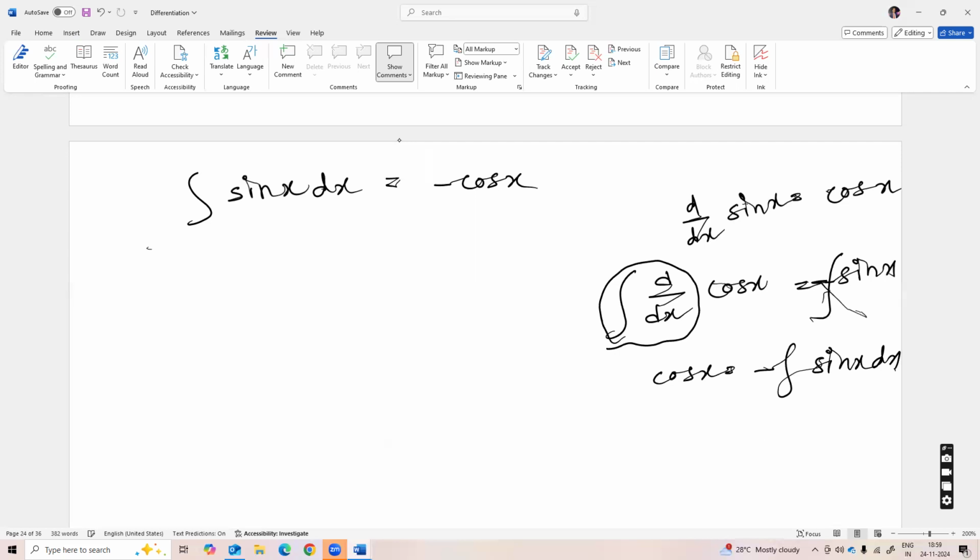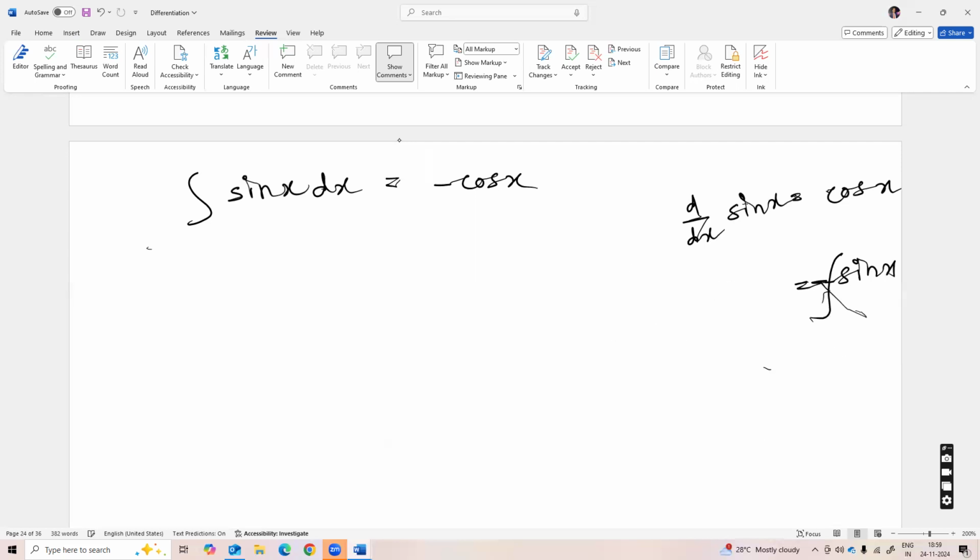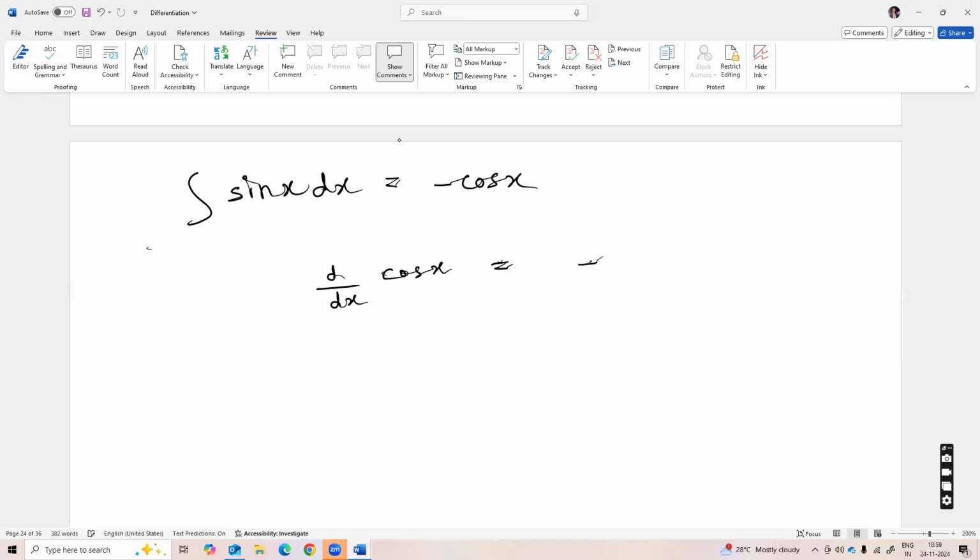I will try to write it once again. What we know is d by dx of cos x was equal to minus sin x.